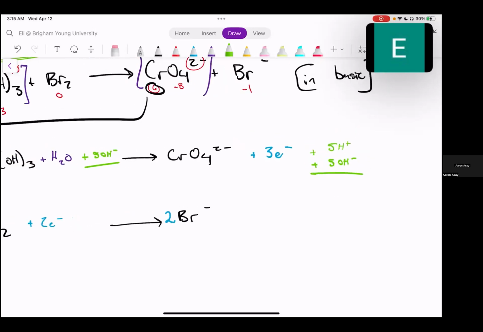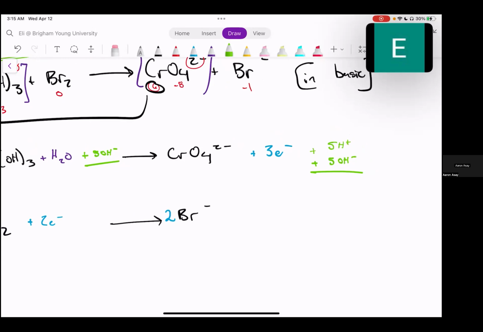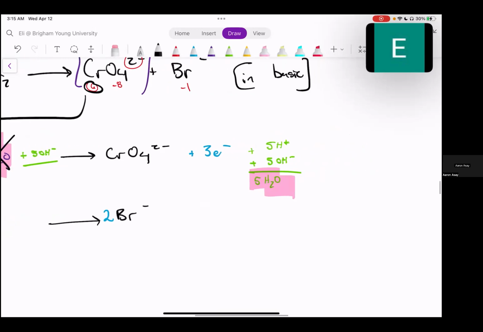What we're actually going to do now is sum the H plus and the OH minuses together to create 5 H2Os. And remember our rule that if we have something on the left side of an arrow and something on the right side of an arrow, we are able to cancel them out, right? So we are going to subtract one of these, and we're going to end up with 4 H2Os.